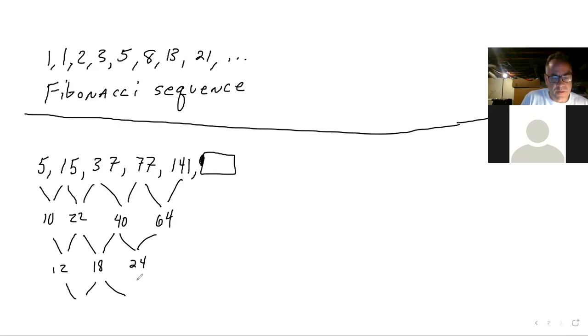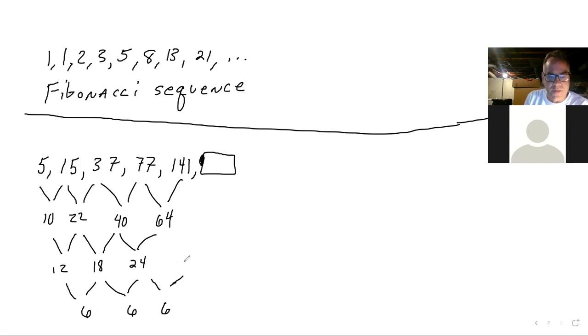Now, if I went again and looked at 18 minus 12, with one more row, I would get a 6. And then 24 minus 18, I would also get a 6. So once I find that common row, I can assume the next number in that row would also be 6. And now I can build backwards.